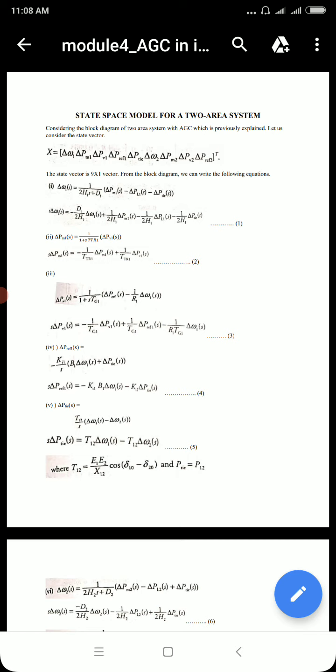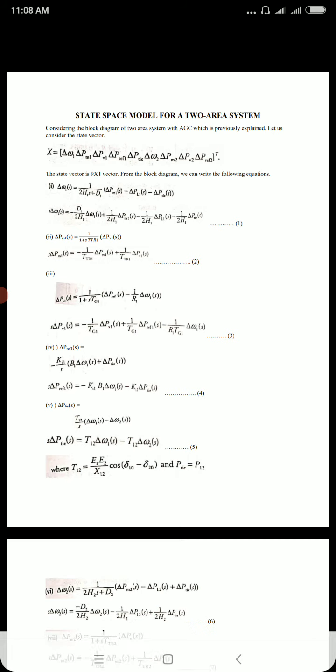Now we have seen that block diagram. First one: delta omega 1 of s is equal to 1 over (2H1 s plus D1) into (delta Pm1 of s minus delta PL1 of s minus delta P tie of s). This is what we can write from the block diagram. Here, 2H1 s plus D1 is multiplied with delta omega 1 of s, and then I take the D1 term to the RHS.